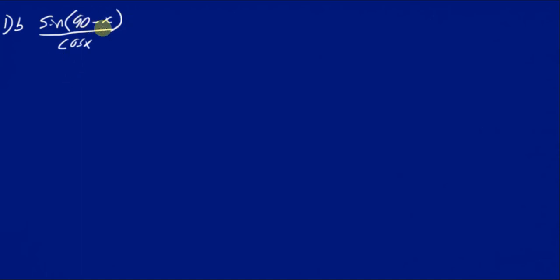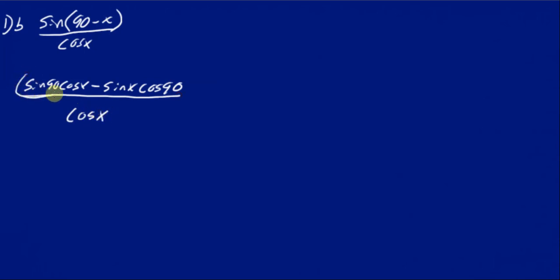Well, obviously this is a difference. So the difference is going to be the sine of the first times the cosine of the second minus the sine of the second times the cosine of the first, and that's all over cosine of theta, or x rather.